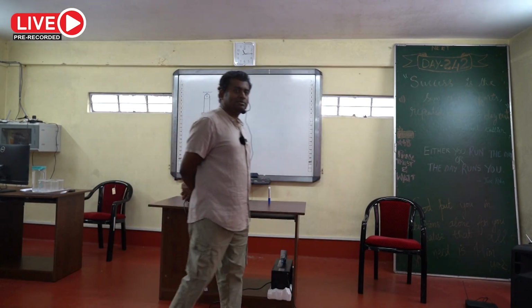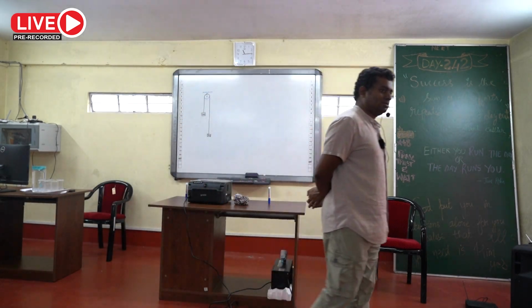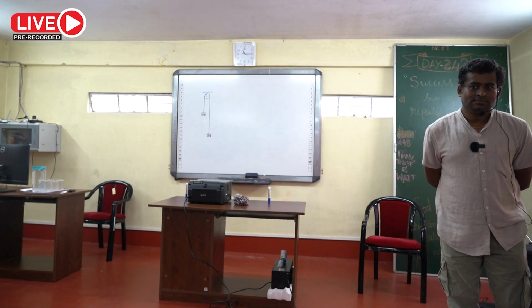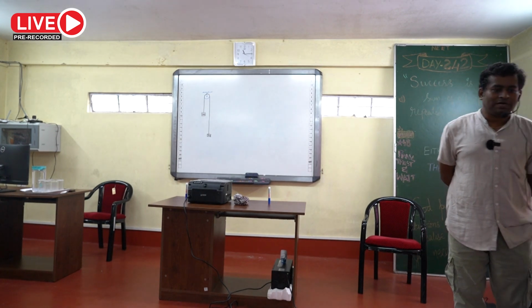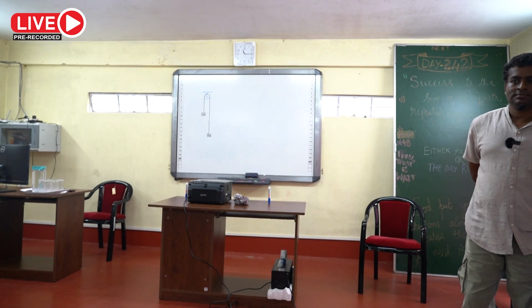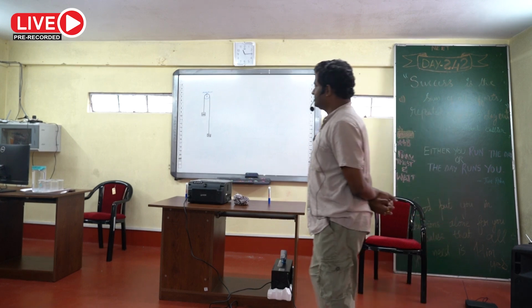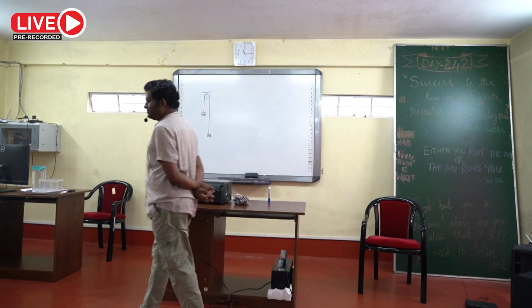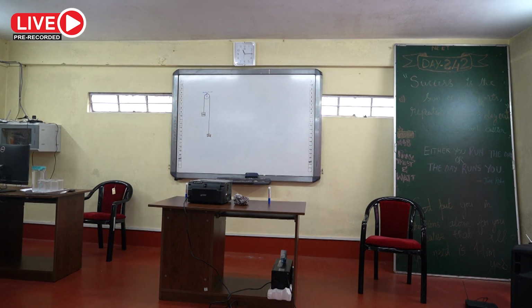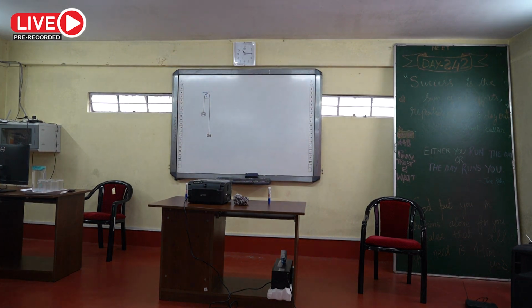It is coming g by 4. How does it come? Complete the free body diagram first. So it is coming 2.5 meter per second square.